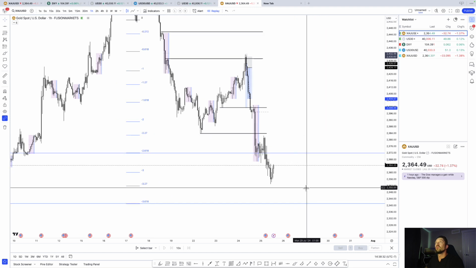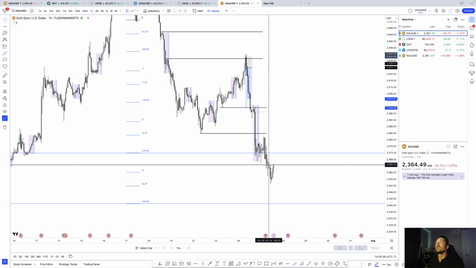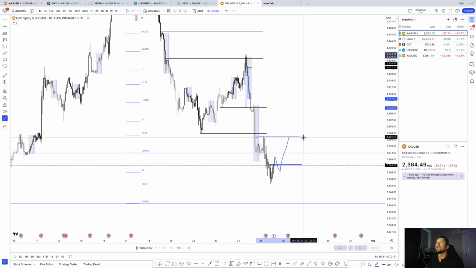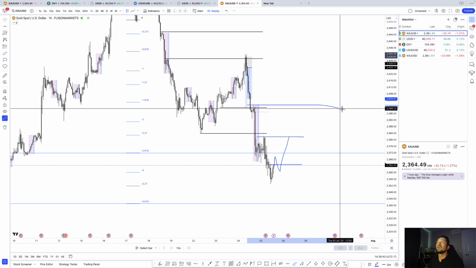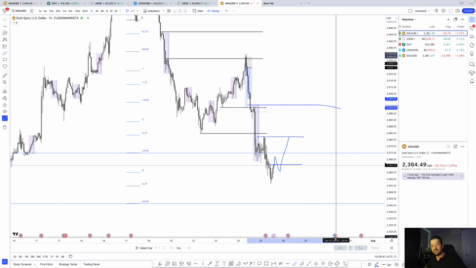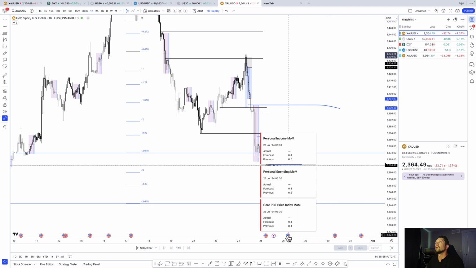So for me right now, if this high gets taken, I would be looking for buys. This would be TP1, this would be TP2. And we have core PCE tomorrow. It's our last inflation reading. Okay, so it doesn't show it, but there's core PCE tomorrow, my bad.